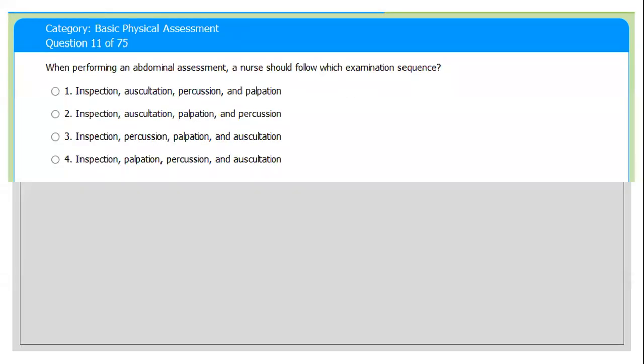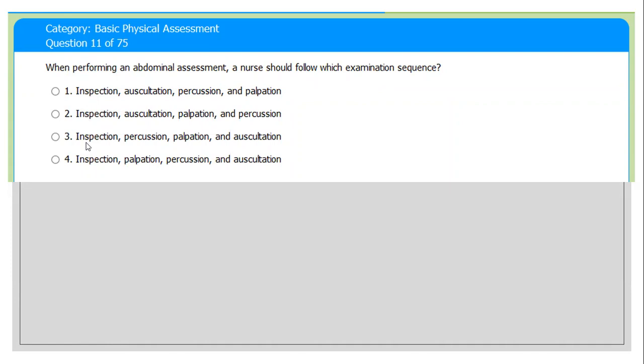Next, when performing an adolescent abdominal assessment, the nurse should follow which examination sequence? Keep it in mind, you are going to assess the abdomen. First of all, inspection.